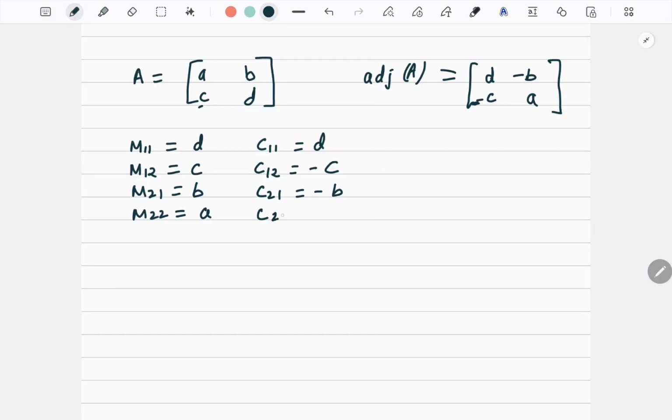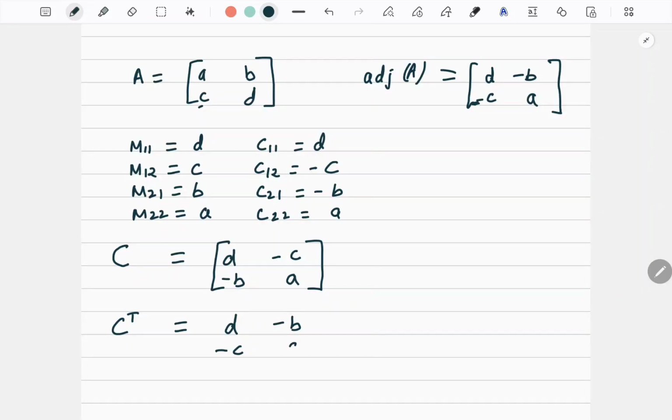And C22 is equal to A. Now you make a matrix, which I represent by capital C, of these cofactors: C11, C12, C21 and C22. Now take the transpose of this matrix. The transpose will be D, minus C, minus B, A. So this is the adjoint.